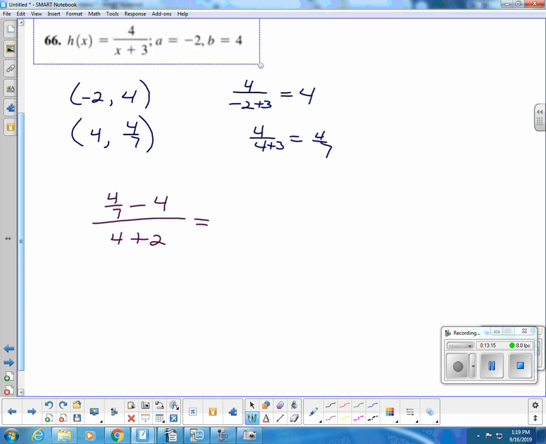If I would write 4 with a common denominator of 7, that's going to be a 28 over 7. Okay. So 4 minus 28 over 7 is negative 24 over 7, and on the bottom we're going to have a 6.